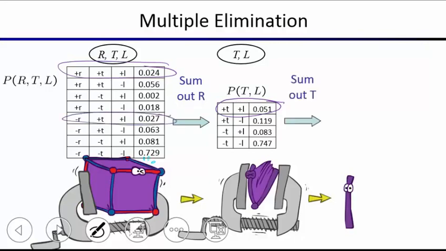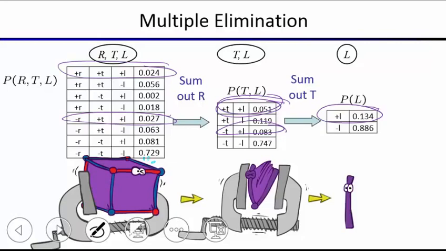Then summing out T, again, same thing. That means T will now be gone from the resulting factor. We will have a factor just over L, and we get these entries by summing over the consistent entries in the previous table. So for the entry for plus L, we look at this entry, and together they give us the last entry over there.